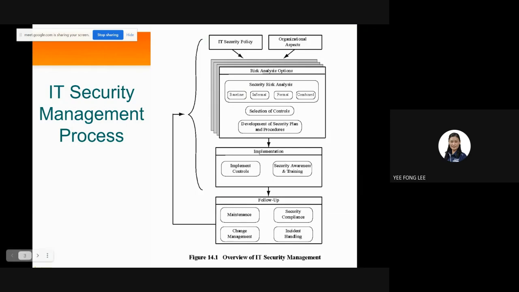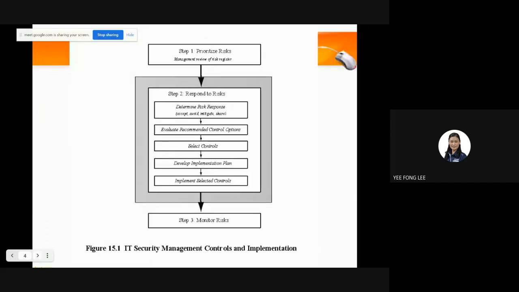After that, we look at the next one. Okay, plan, do, check, and the last one is act. This one we covered last week. This also we touched on last week, a little bit on risk assessment.